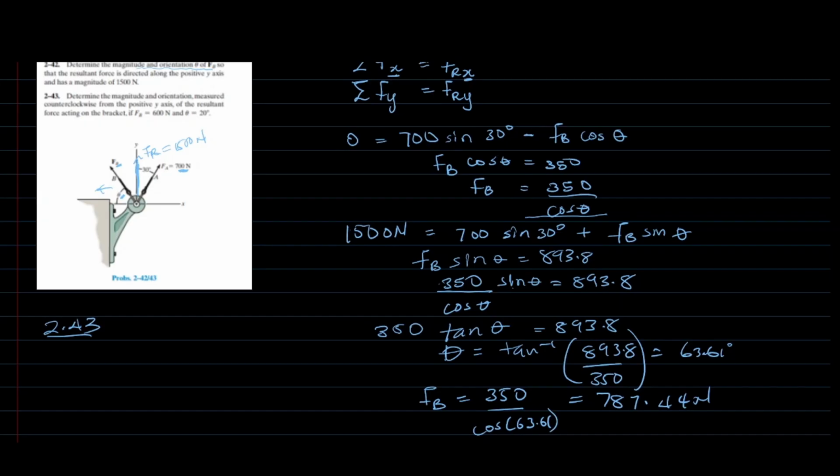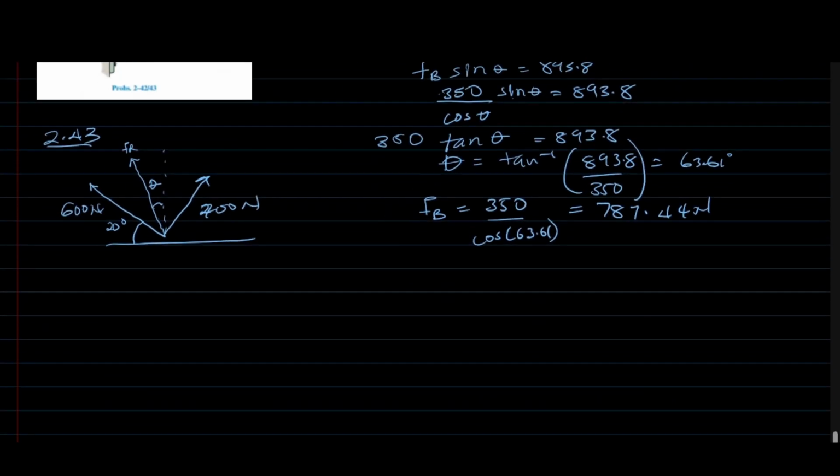So basically this one is 700 newtons and this will be 600 newtons, and theta, which is the angle from here to here, will be 20 degrees, and FR is going to be somewhere around here, which is angle, let's call it theta actually.